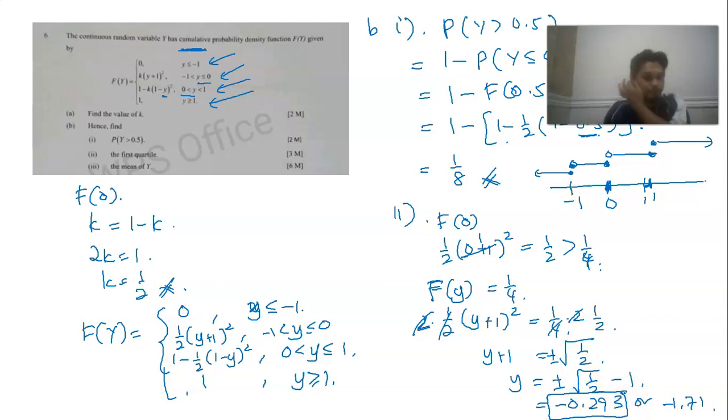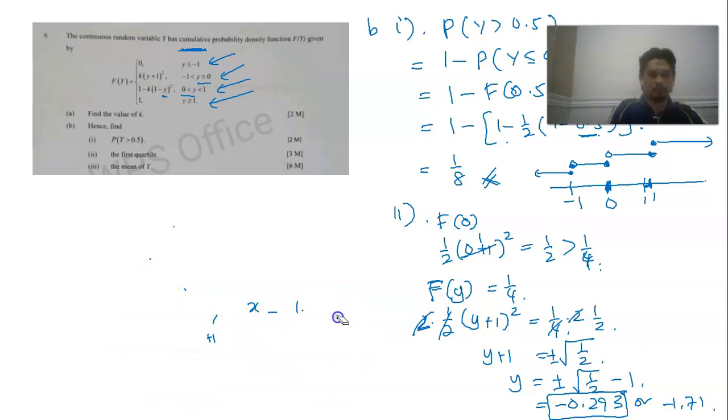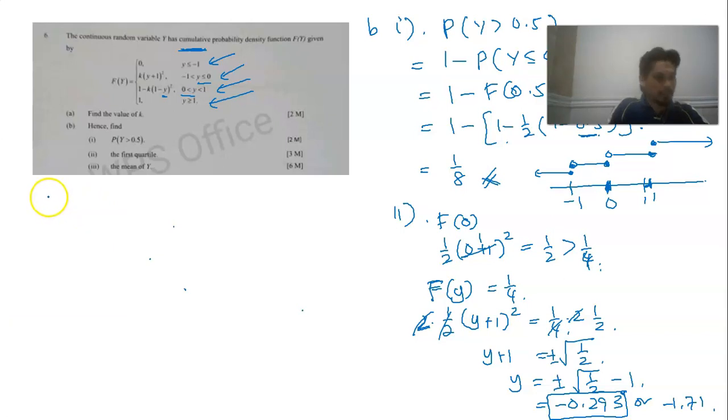Okay, and then the mean of y. So the mean of y, we are going to recall.